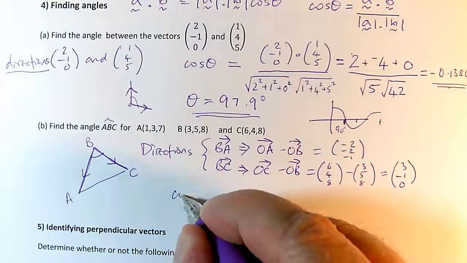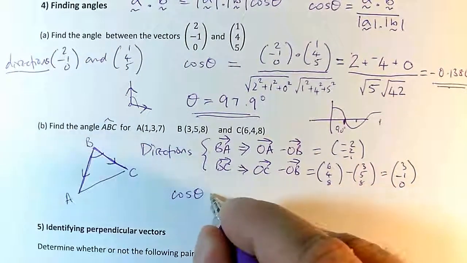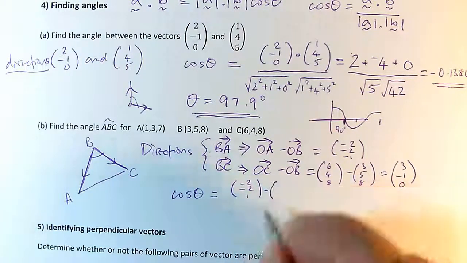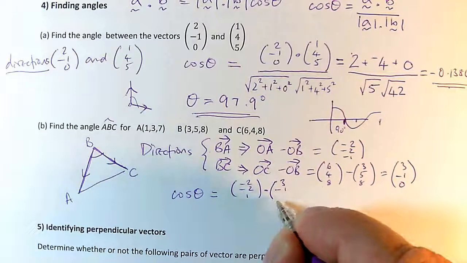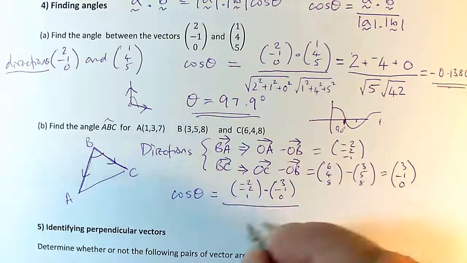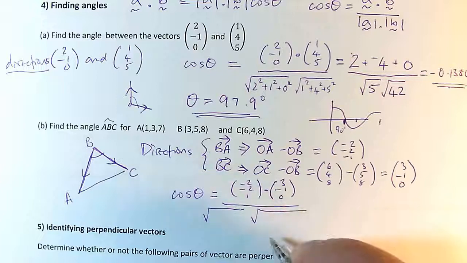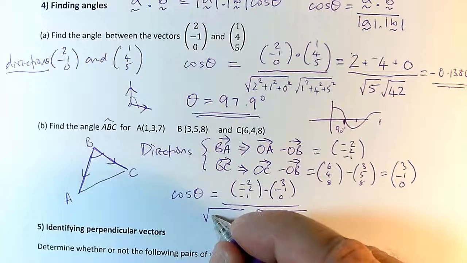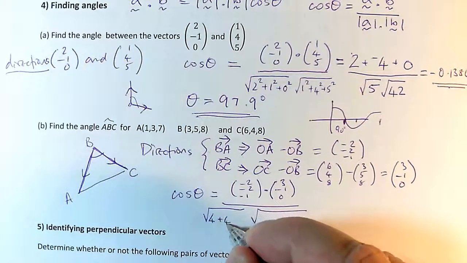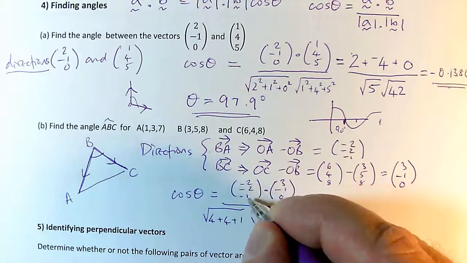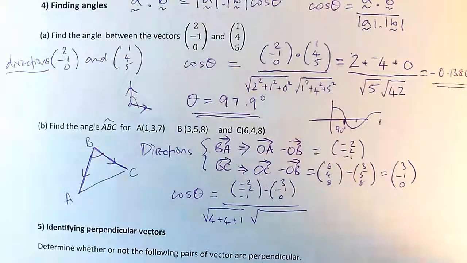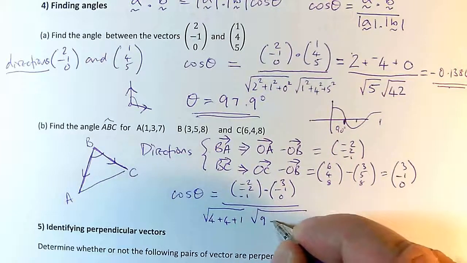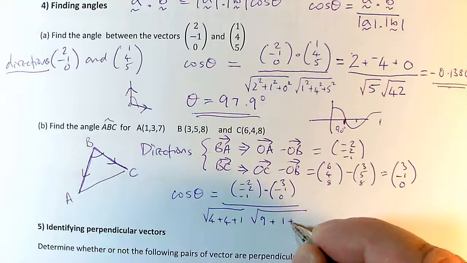So therefore my cos theta, using the cos theta recipe, I need to do (minus 2, minus 2, minus 1) dotted with (3, minus 1, 0), over the magnitude of the first one times the magnitude of the second one. Okay, this was a minus 1, wasn't it? So the magnitude of that one is 4 plus 4 plus 1, 2 squared plus 2 squared plus 1 squared. All the minuses vanish when I square. And this one here, 3 squared is 9, plus minus 1 squared is 1, plus 0 squared is 0.